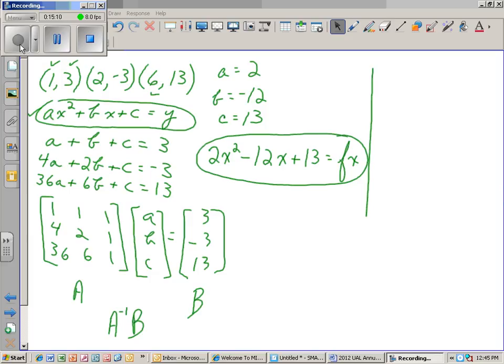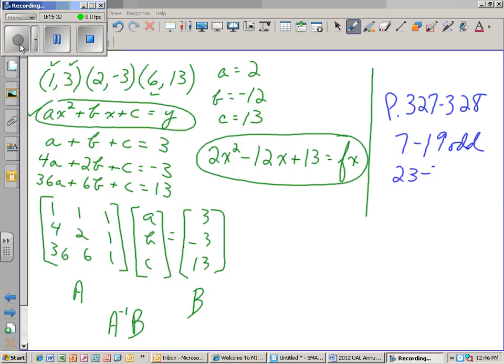So your homework for tonight is going to be on pages 327 and 328, 7 through 19 odd, and 23 through 30 all. Problems 23 through 30, it's really just one problem, but they're going to ask you many questions about that problem.